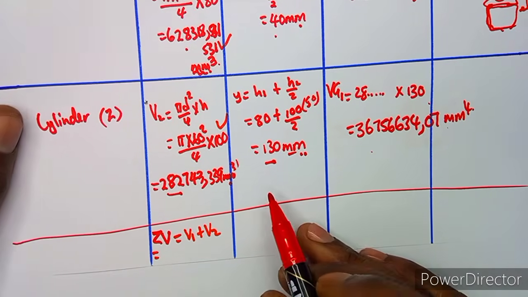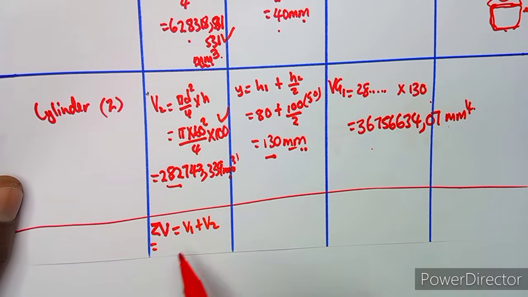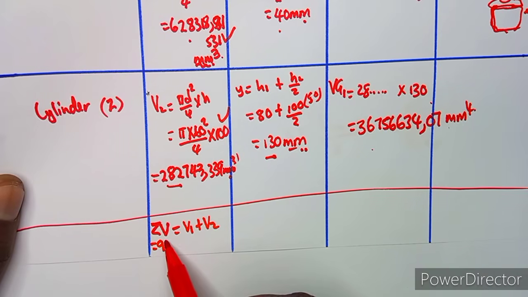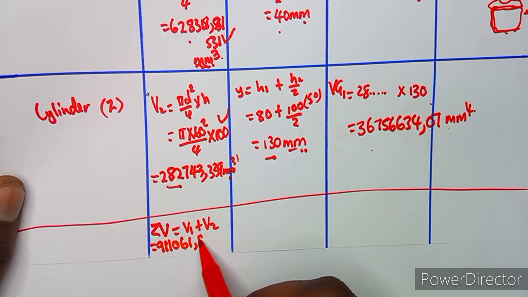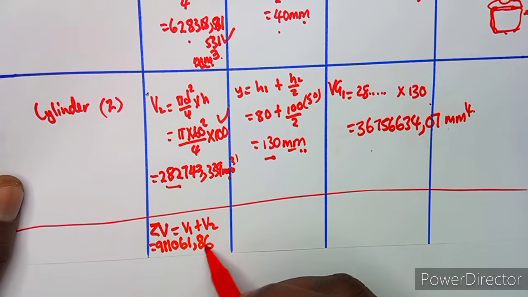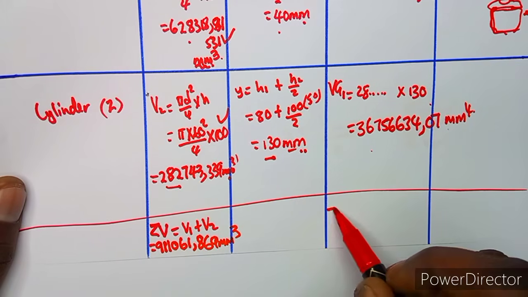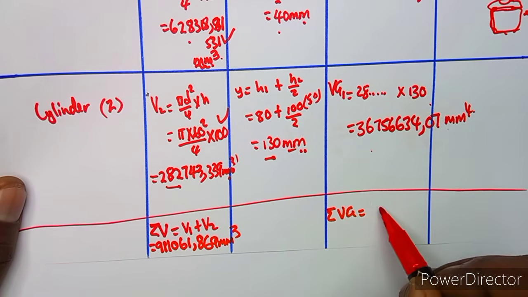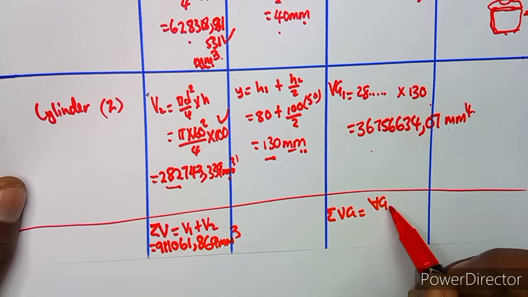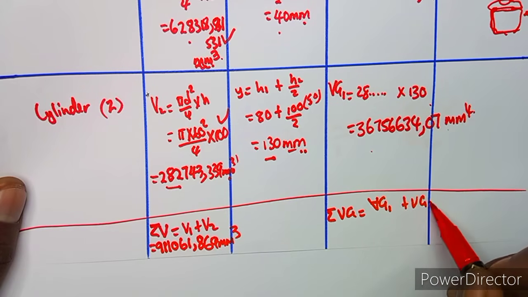If we add V1 and V2, we are going to obtain something like 911,061.869 cubic millimeters. You do the same again on your volume moment. You add volume moment 1 plus volume moment 2.